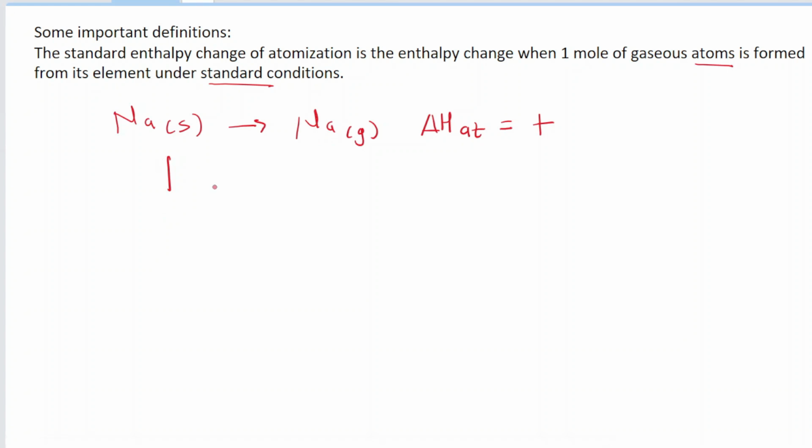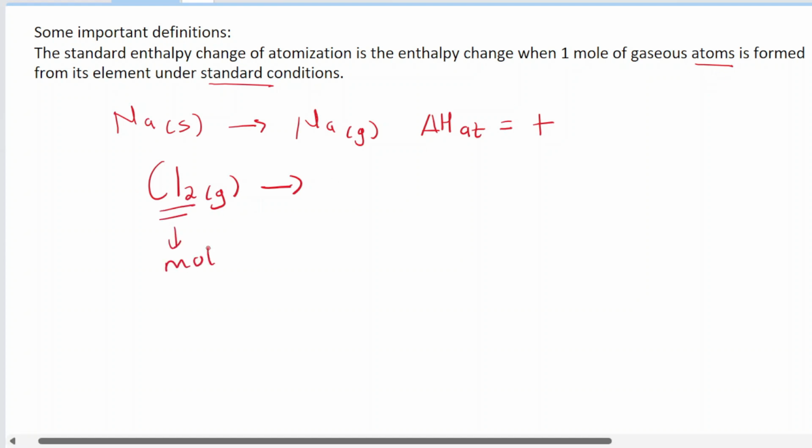Another example of standard enthalpy change of atomization will be, for example, chlorine. Now, chlorine exists as a gas in its original state. So usually we have Cl2, which is a gas. Now you might ask, how can this have an atomization? Now, remember here we say that it's supposed to be 1 mole of gaseous atoms. Cl2 is a molecule. Why is it a molecule?